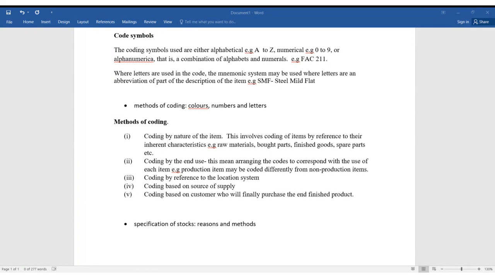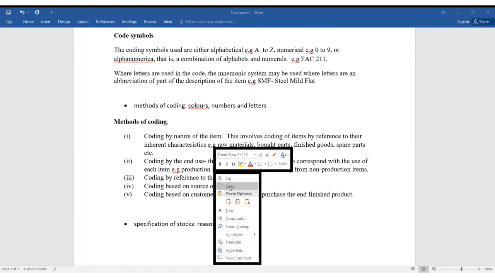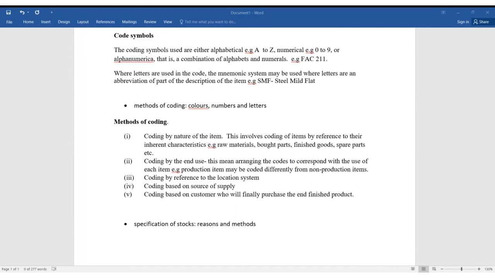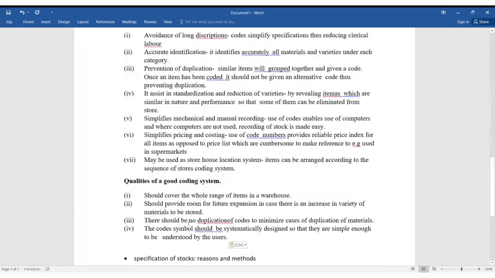It saves on time, it assists in standardization, and also helps simplification of pricing and costing of items, mechanical and manual recording, and is also used to organize a storehouse location system.